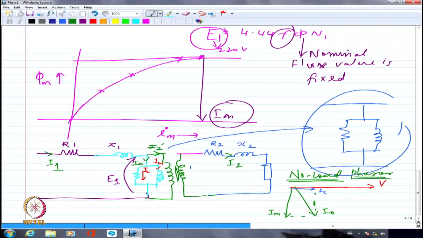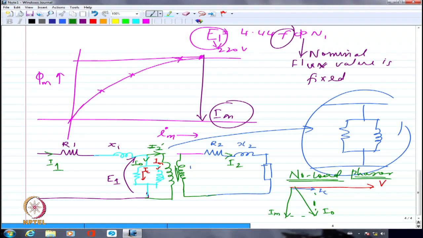That's why we were able to neglect it. We wrote V1 I1 equal to V2 I2. We are neglecting I naught, but if I want accuracy, I cannot neglect I naught. Right? Is this clear? So what we have is essentially a load current on the secondary side that will have a reflection on the primary side.